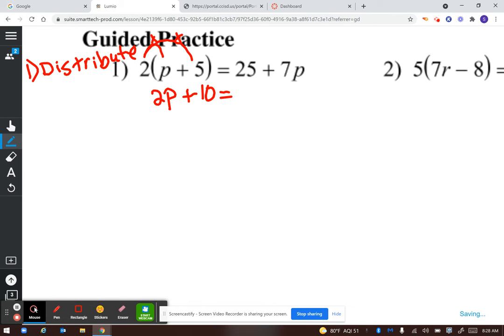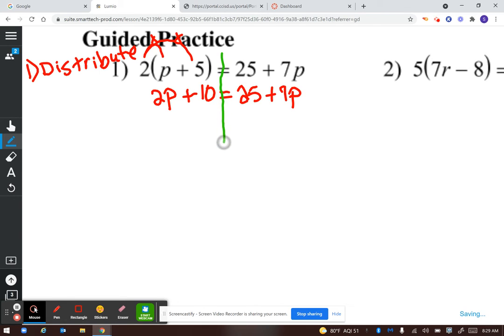You don't do anything to this other side. There's nothing to distribute on the right-hand side of the equal sign, so you just drop it down: 25 plus 7p.